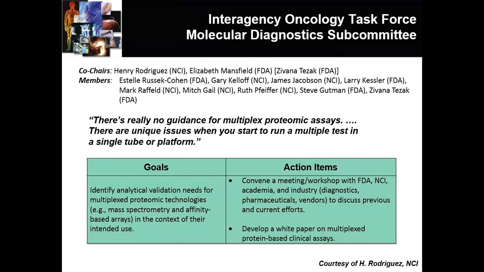In the case of this particular application area, we had a mechanism for talking with NCI that exists to this day called the Interagency Oncology Task Force, and that's a way that we can work across agencies within HHS in areas of interest in cancer. And in this particular subcommittee on molecular diagnostics, you see here members and co-chairs from FDA and from NCI.